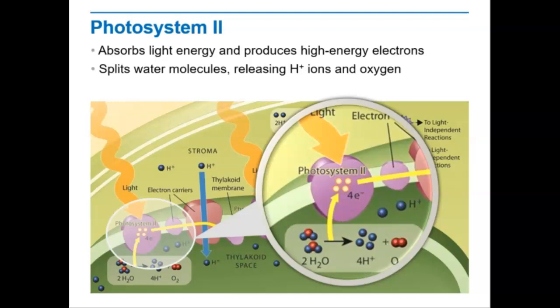So as light continues to shine, more and more high energy electrons are passed to the electron transport chain, and the thylakoid membrane contains a system that provides new electrons to chlorophyll to replace ones that it has lost. So as plants remove electrons from water, oxygen is left behind and it's released into the air.